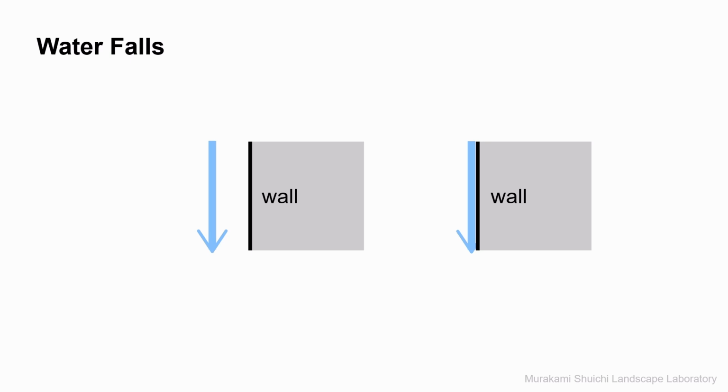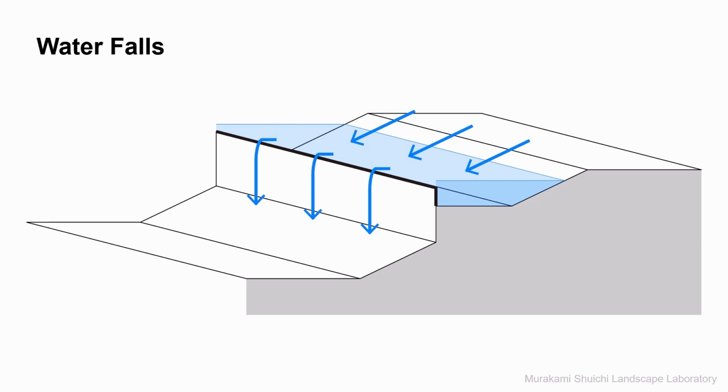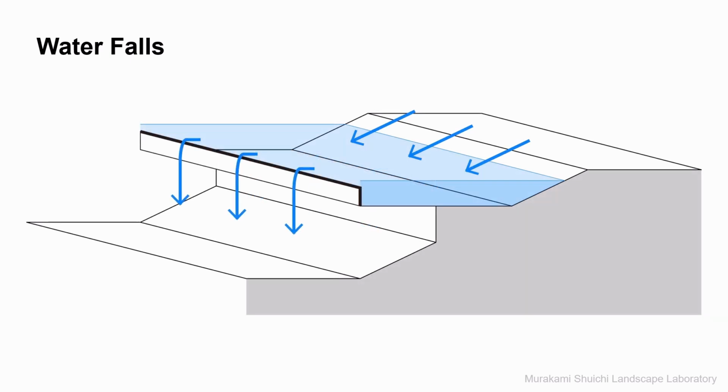This depends partly on the volume and speed of the water, but in this condition it is more likely to fall along the wall. For example, if the top edge projects outward like this, the water will be more likely to fall through the air.